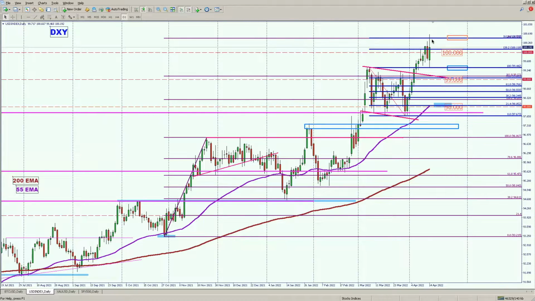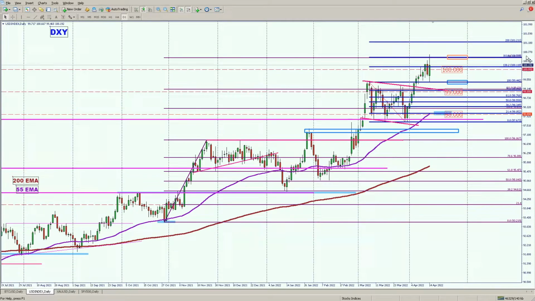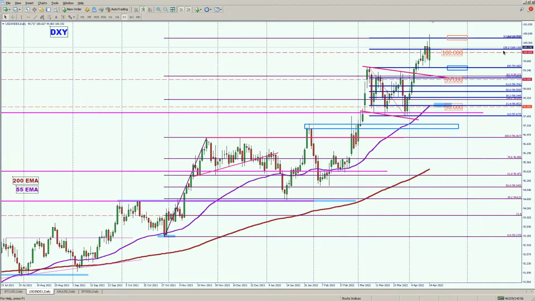Okay, so it looks like there could be a pause in this bullish rally. It has not signaled reversal yet, so it could just be a consolidation and then could be further follow through later on. So we'll see how it goes for next week. And if the euro is going to continue bearish for the rest of the month, then this US dollar will benefit from that.